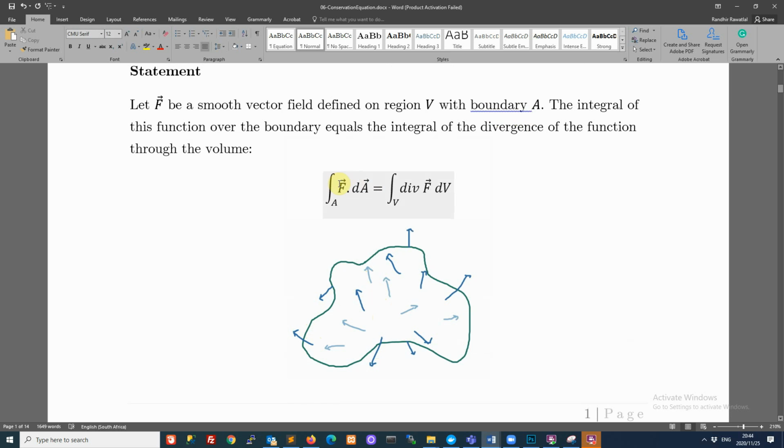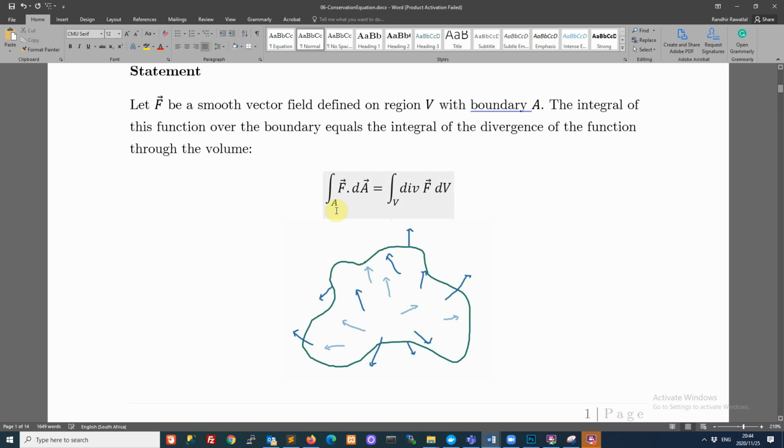So the vector f has a value inside of the blob and on the surface, but if we only integrate f on the surface of this blob, then we will get the same result if we add up all the changes on the inside of the blob.